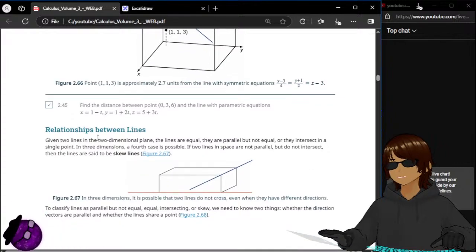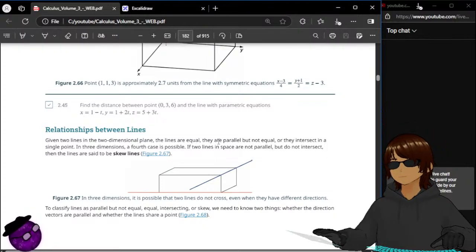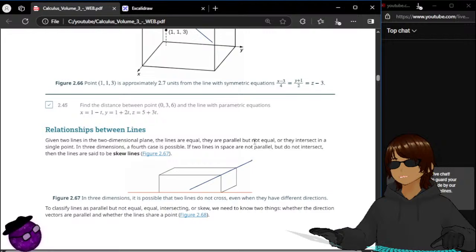Given two lines in the two-dimensional plane, the lines are equal, or they're parallel but not equal, or they intersect in a single point.